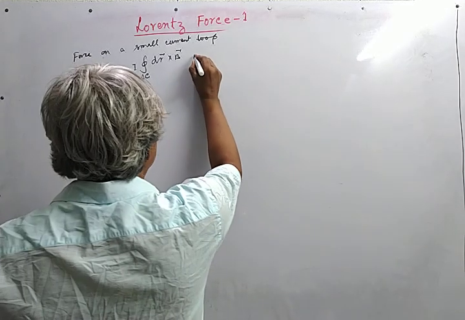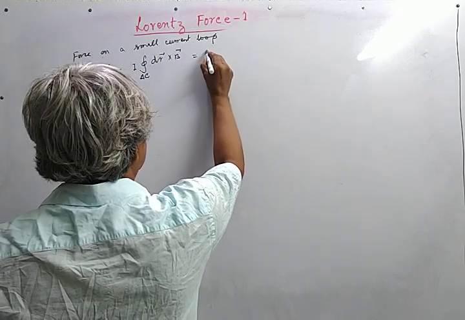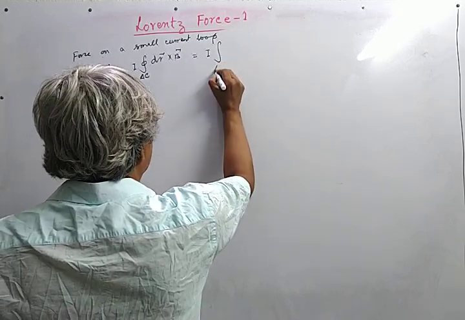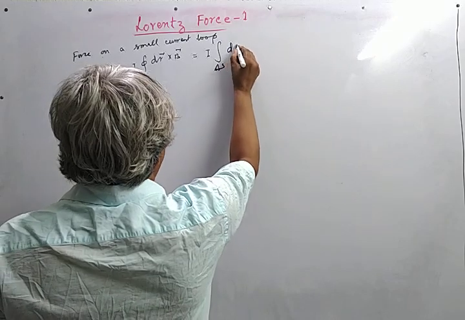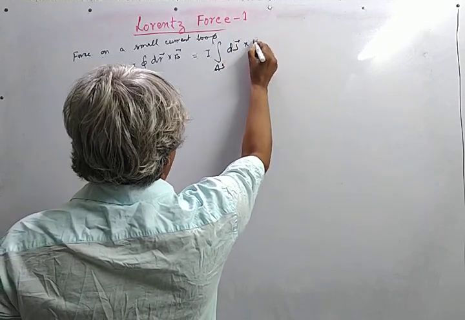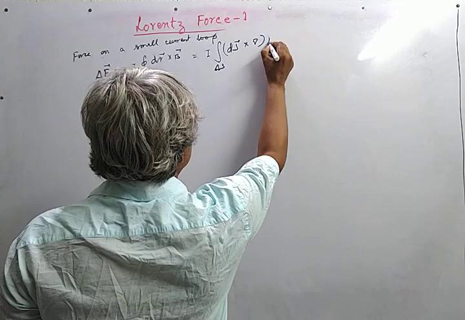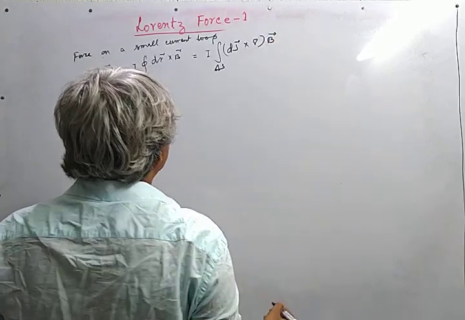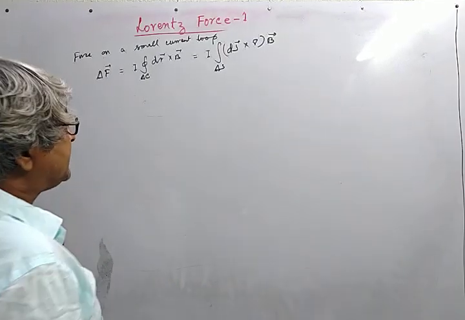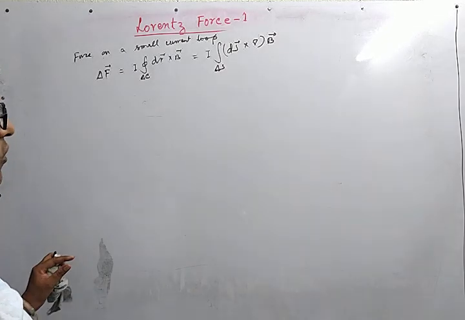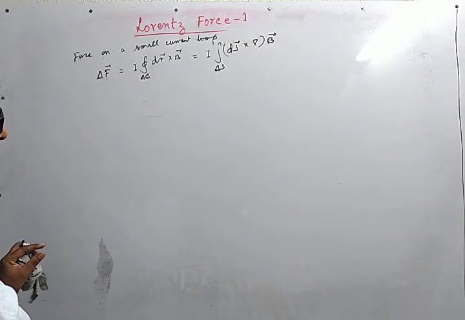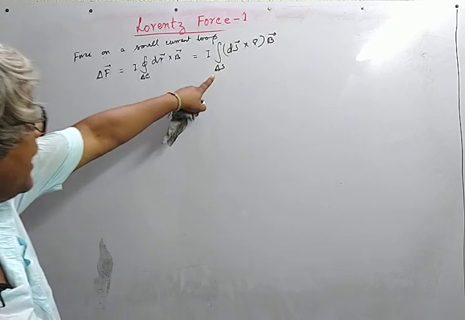If we convert it into surface integration, this becomes I delta S ds cross B.